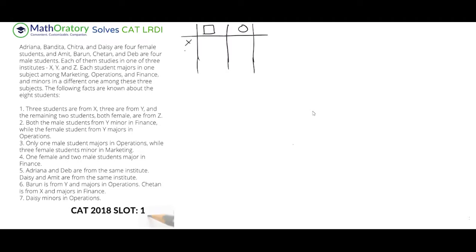So we have the three institutes, X, Y, and Z. There are three from X, three from Y, and two from Z who are both females. So there are zero males, right? Also, keep a track of the total. There are four females and four males, so that might be crucial.